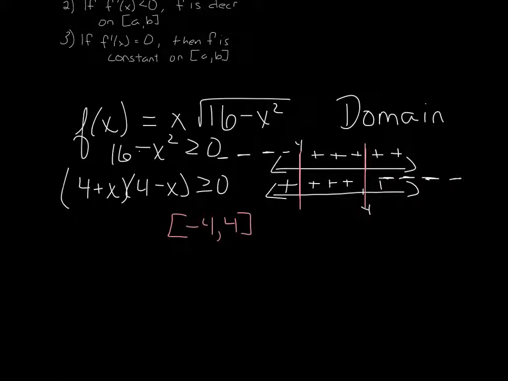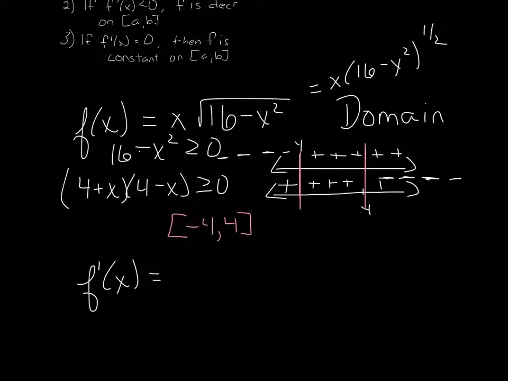So first step is find our derivative. And this is the same as x times 16 minus x squared to the 1/2. So we have to use product rule. You cannot distribute that x inside the square root.